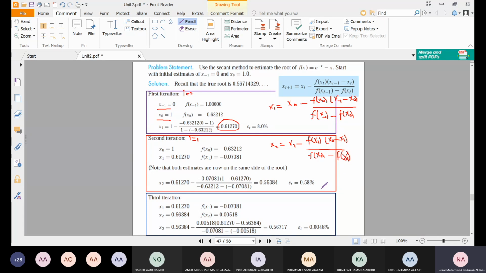Usually we just evaluate one term here, because the other is given from the previous iteration. We computed it in the previous one.